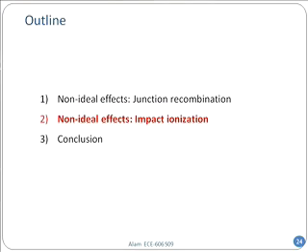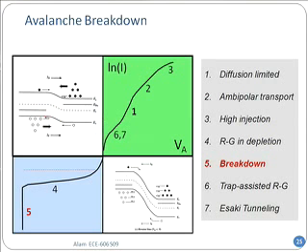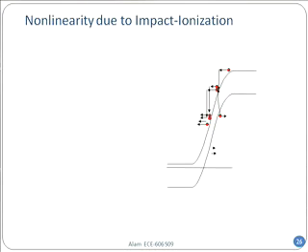Okay, I will start doing this non-ideal effect associated with impact ionization a little bit. Let me just show you one slide and then we'll continue. So the final point I want us to discuss is this breakdown due to impact ionization, and this is how it occurs.